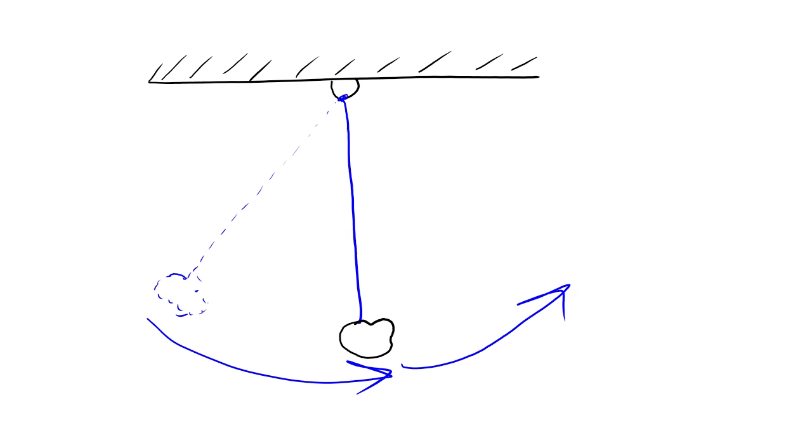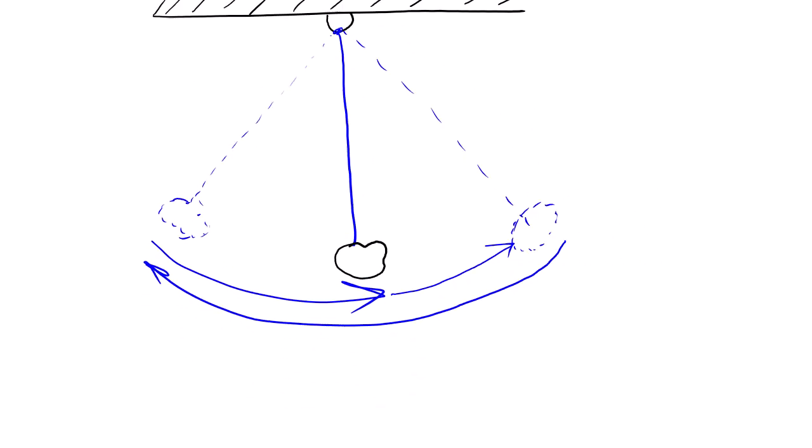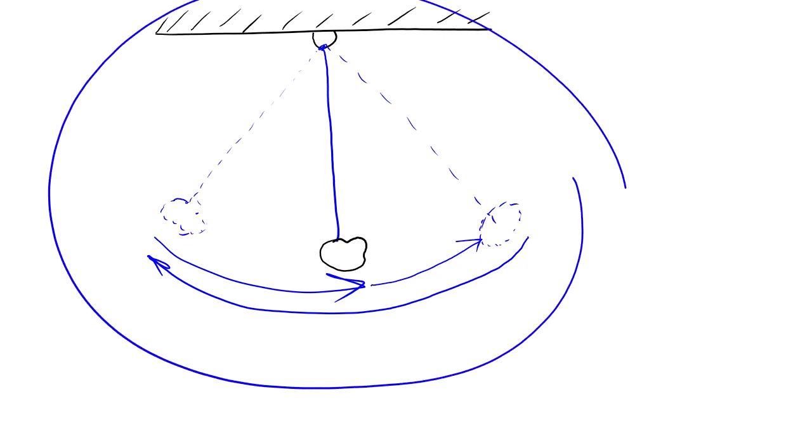It will reach up to maybe this point. Then you have movement of this object from this point to this point and then back, and this movement will continue to and fro, and this to and fro movement is what constitutes vibration, and it's called vibratory motion. This setup is called a simple pendulum.